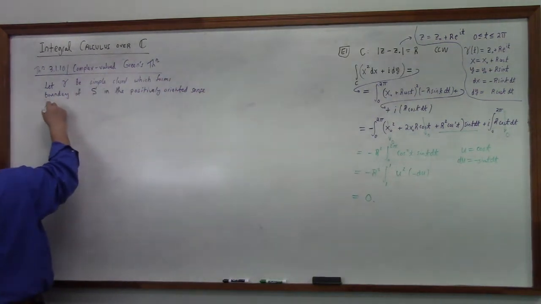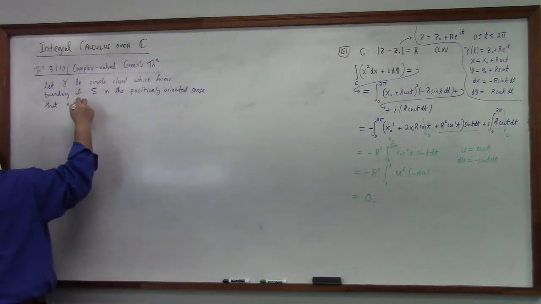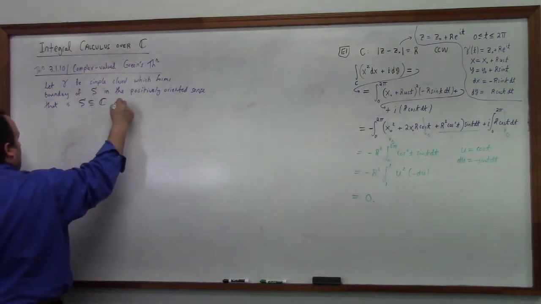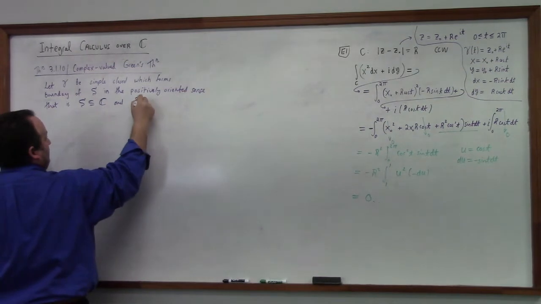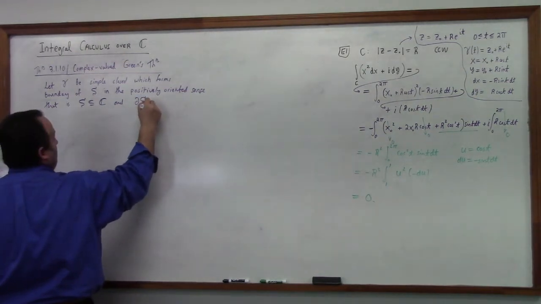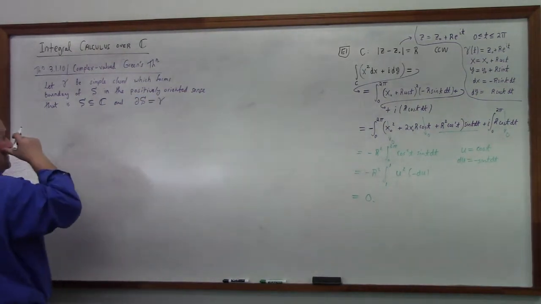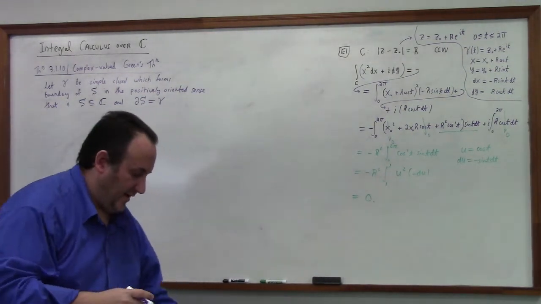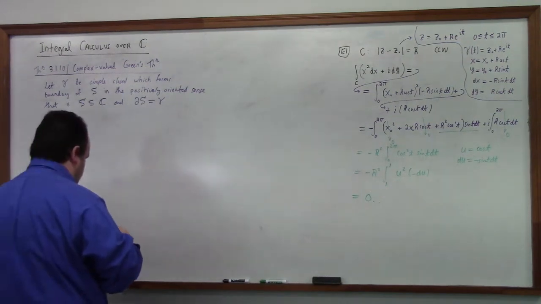That is, S is a subset of the complex numbers, and the boundary of S, in the usual way, is gamma. To be fussy, perhaps I should say the trace of gamma, but I'm not going to fuss over that too much in here.